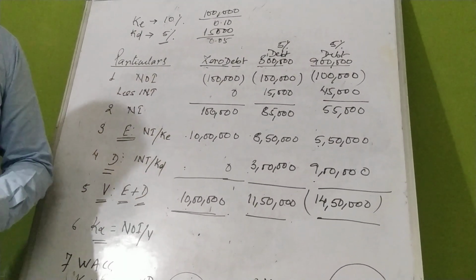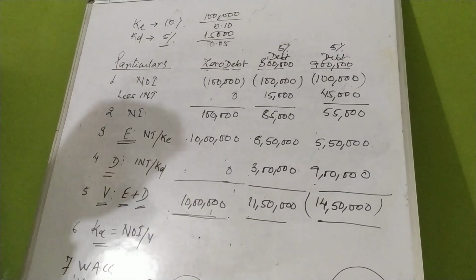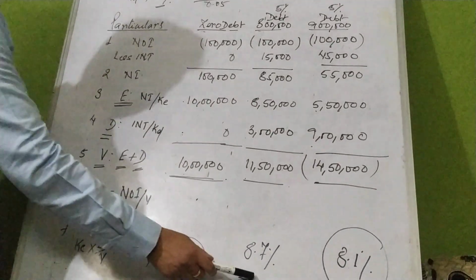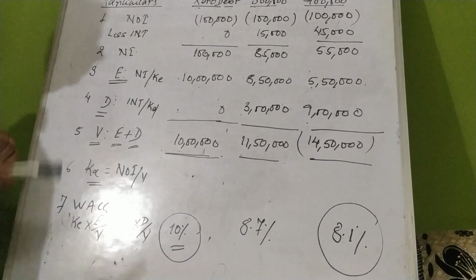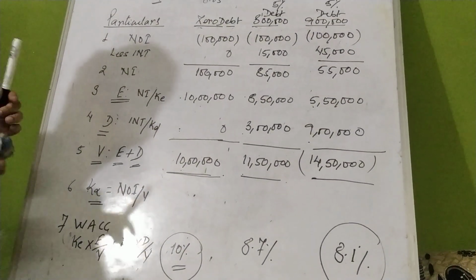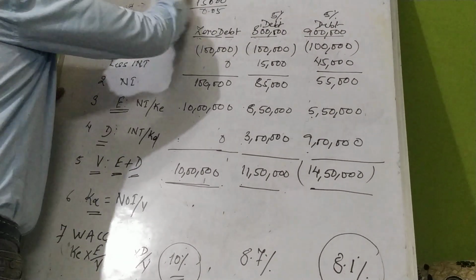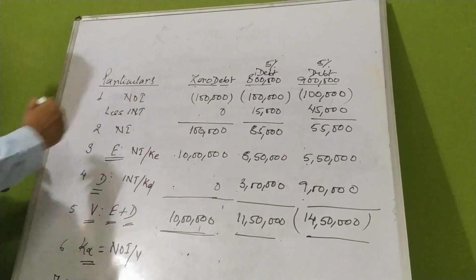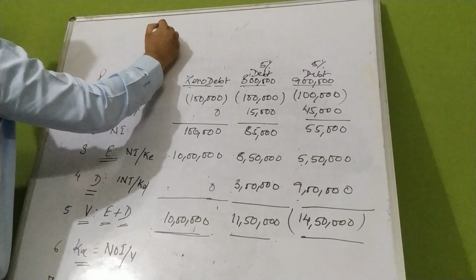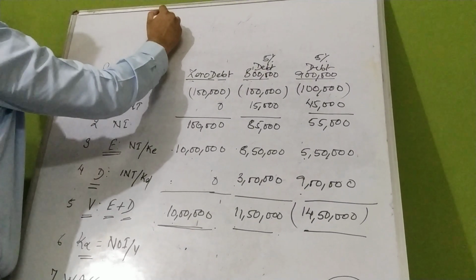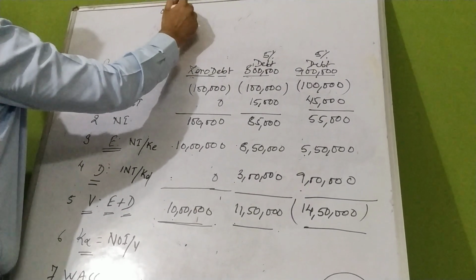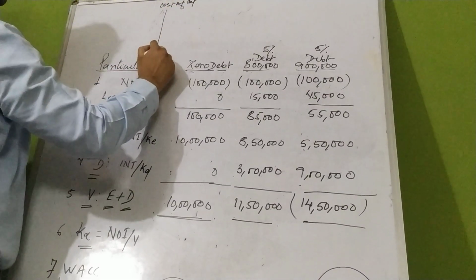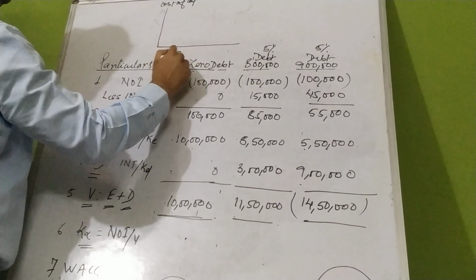One more important thing, let me tell you: you are seeing that the cost of capital is decreasing when more debt is used in a firm. So we can also represent this phenomenon by the graphical method. If this is cost of capital and this is degree of leverage.